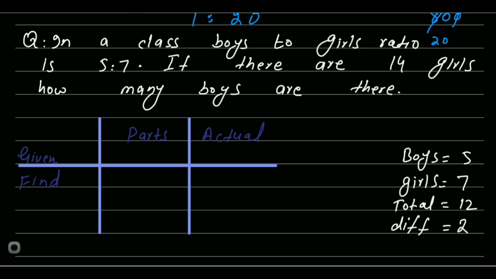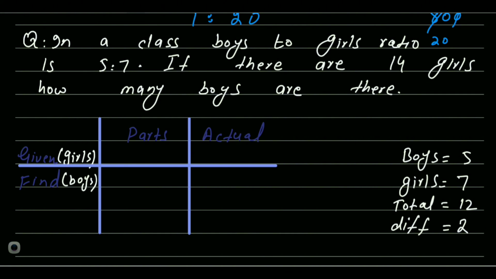Now how will we fill these boxes? How many boys are there? We are going to find the boys. So we will write boys in the find box. And given, what is given? 14 girls are given. So we will write girls here.